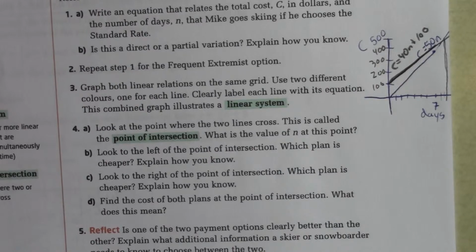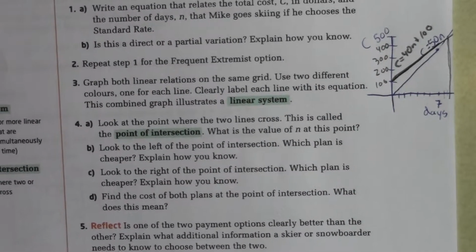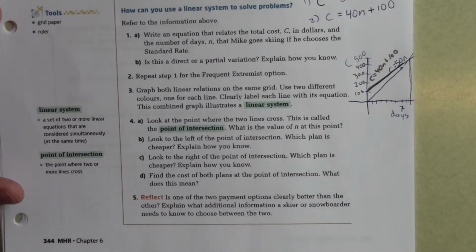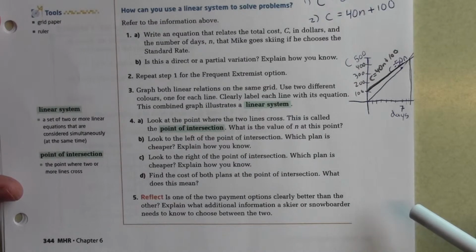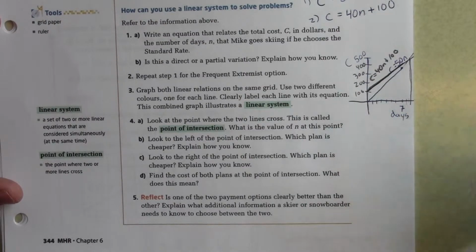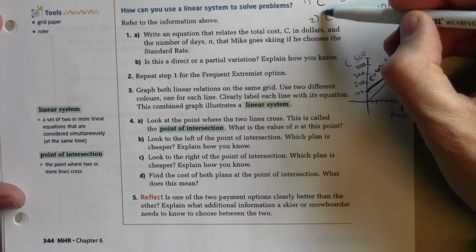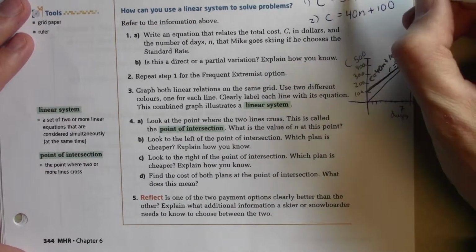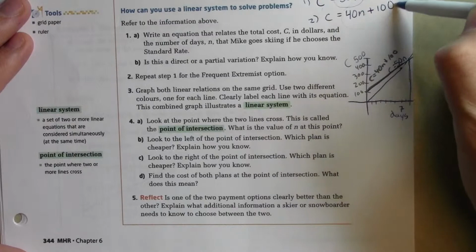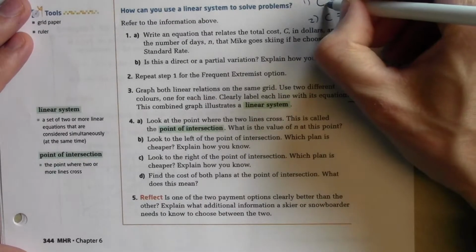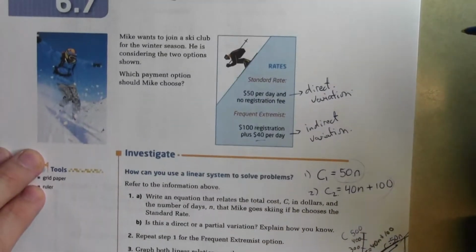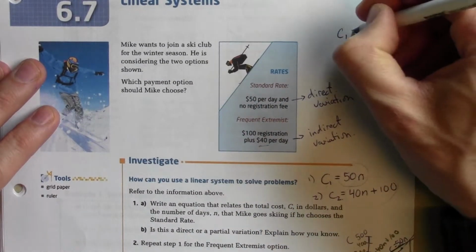Anybody know? Yeah, AJ. Could you plug in the 500? Yeah, but you don't know it's 500 yet, right? So here's what we can do. We can actually set the cost equal algebraically, right? And solve for the number of days. So I can take this value and set it equal to this value, because I'm setting cost 1 the same as cost 2. Cost 1 is equal to cost 2.